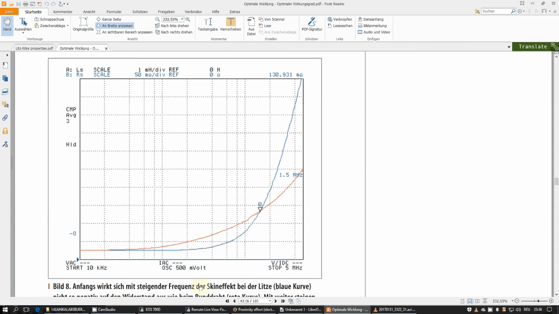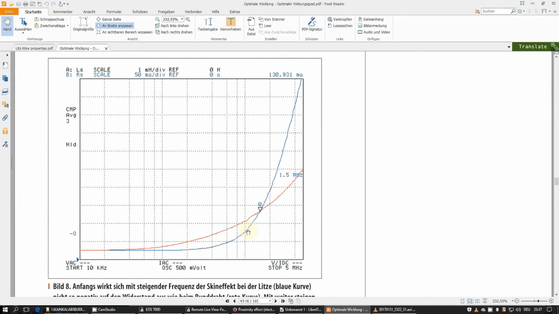So this diagram is from a scientific investigation about the use of different litz-wires, taking into account really all the effects, and these are real measurements. What is compared here is the red line, a single wire with the same effective cross-sectional area as a litz-wire.